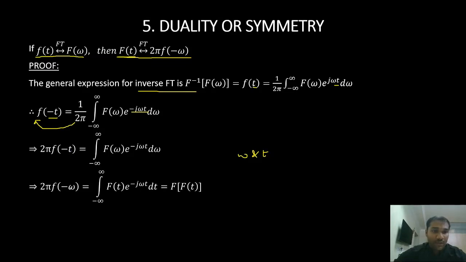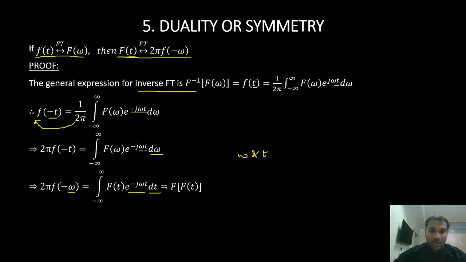So in place of t, if I put omega, I'll get 2 pi f of minus omega equals integral from minus infinity to infinity, in place of omega I'm going to put t, F of t e power minus j omega t. So omega and t I'm going to interchange, and in place of d omega, I have dt.